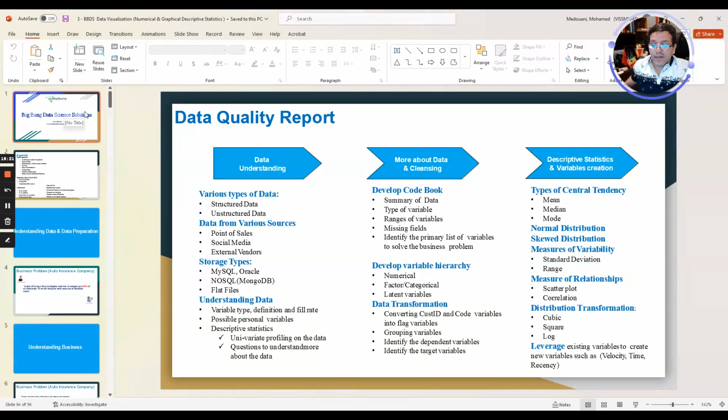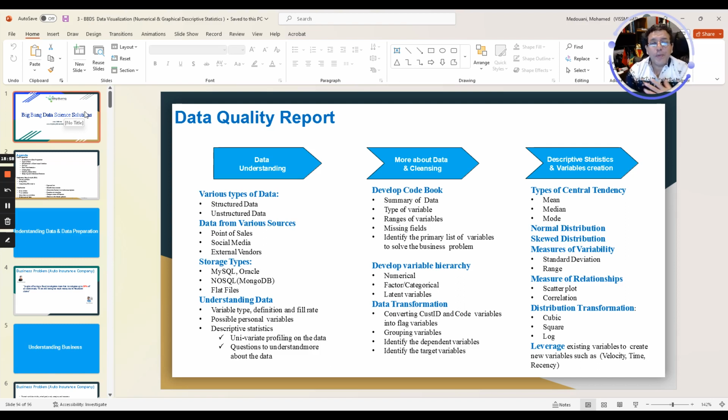A company tells you, we have data. Where is the data? It's somewhere, scattered across many platforms and many resources. You don't have the data in one file. For example, you have data about clients, data about claims, data about the payment systems, payment processing and payment transactions, and data about the policies.